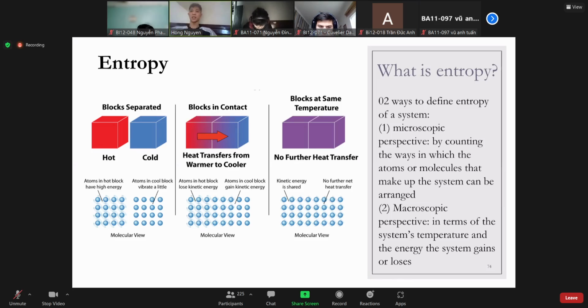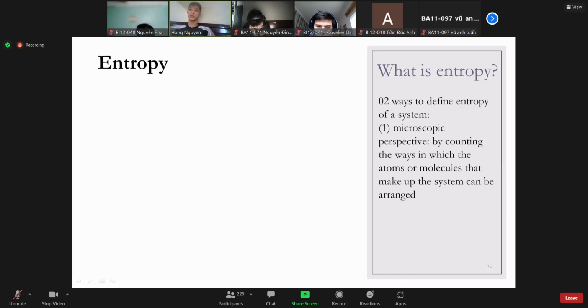The energy as heat of the system gains or loses, it will give us a way to define the entropy of our system. Good. Now we go a little bit deeper into the microscopic approach.